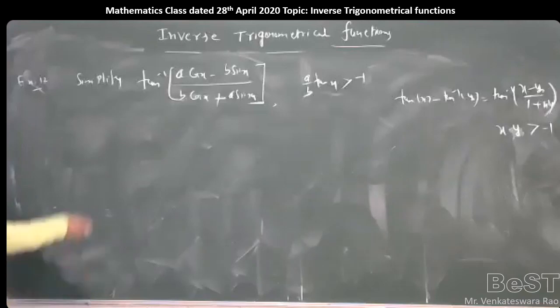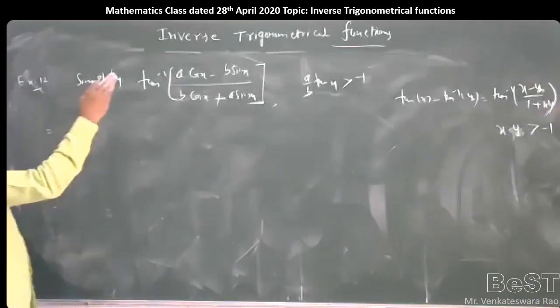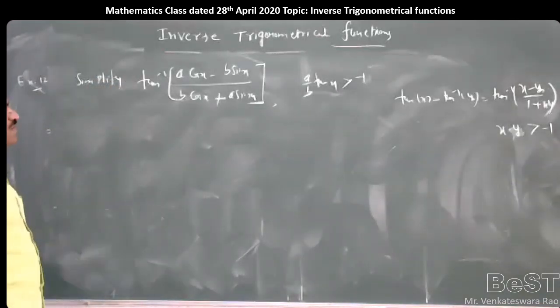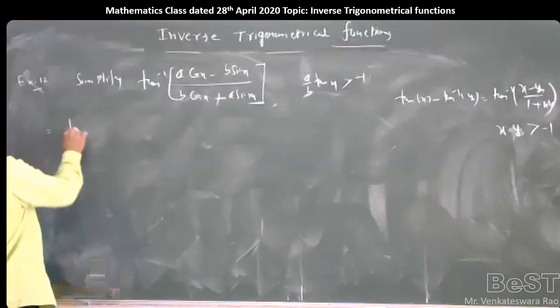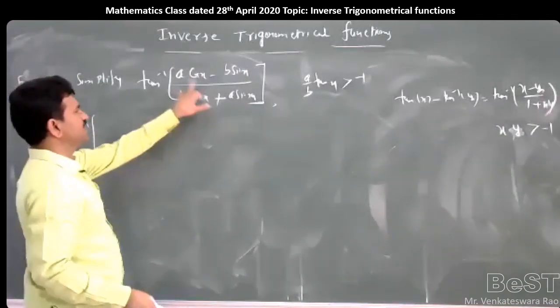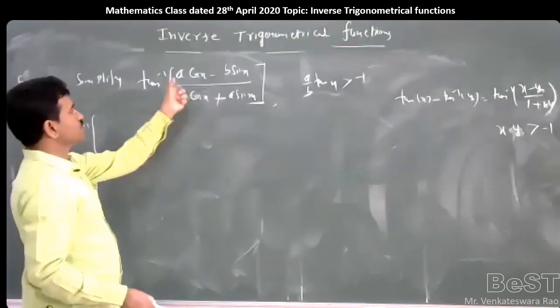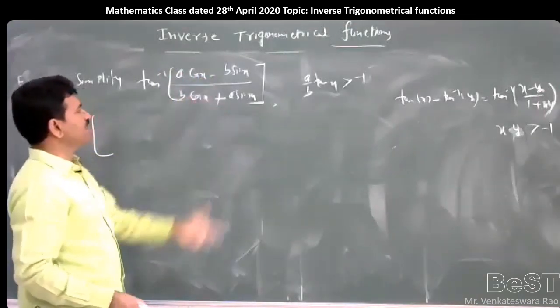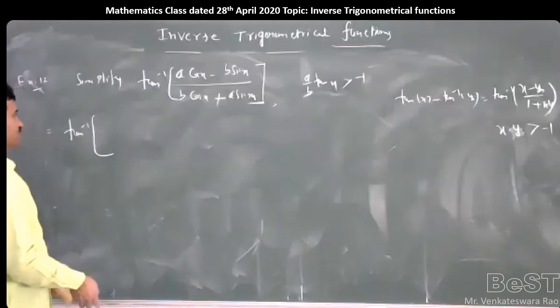See the left hand side. We'll try for the tan inverse of (x minus y) by (1 plus xy) form. So this is tan inverse of, very simple, dividing the numerator and the denominator with b cos x every term.